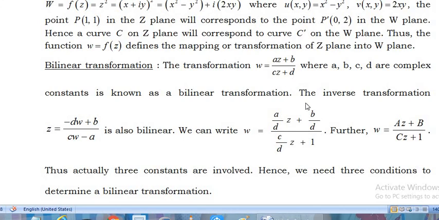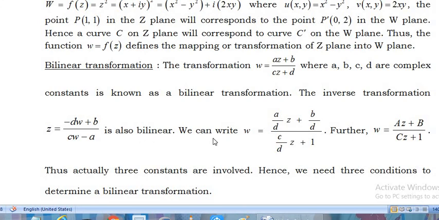If we try to express z in terms of w, then the inverse transformation is going to be z equal to (minus d times w plus b) upon (c times w minus a), and the inverse transformation is also bilinear.